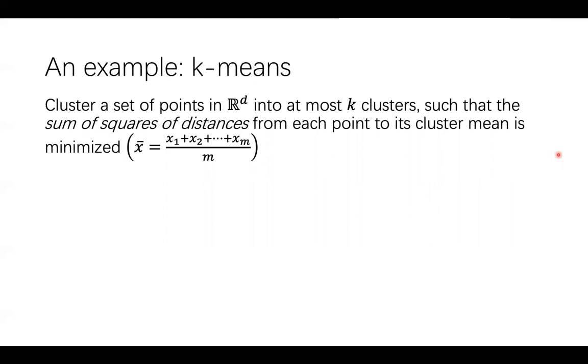And the objective is to minimize the sum of squares of distances from each point to its cluster mean. And here, the cluster mean of a certain cluster is just the average of their coordinates, because we are clustering points in a vector space.